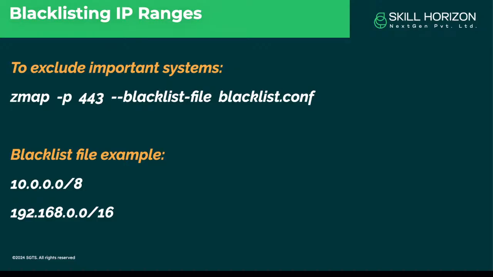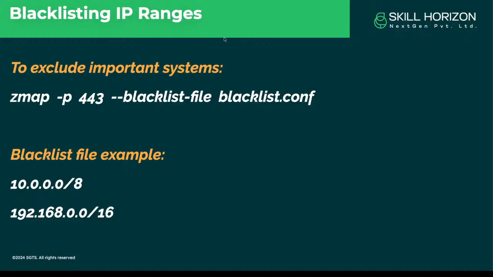And then when you run your command again against your targets, those specific blacklisted targets will not be scanned. So if you want to blacklist some IP ranges, then we can create a file called blacklist.conf and then use the option --blacklist-file.